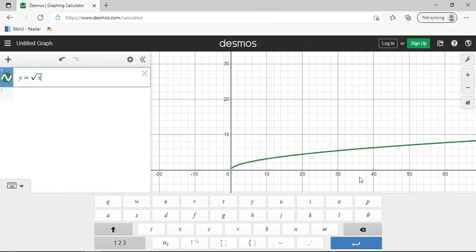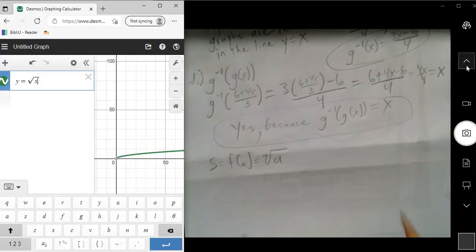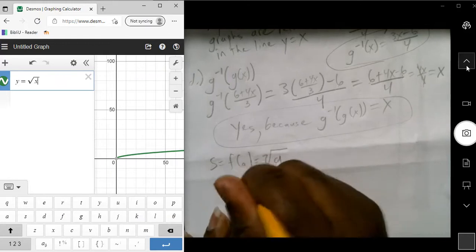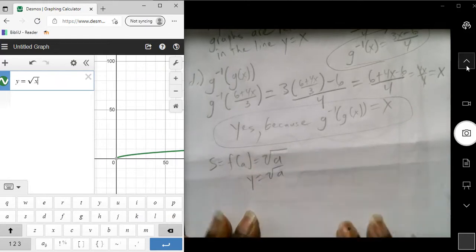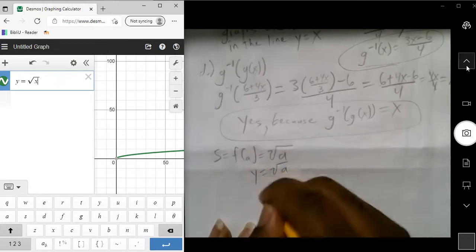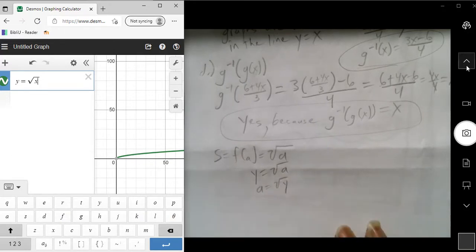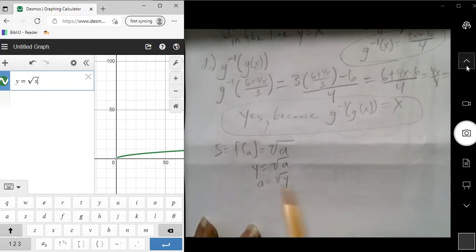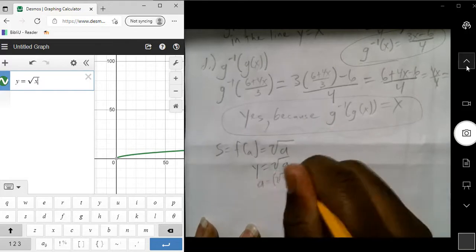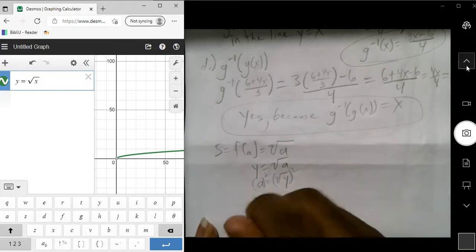So we have some options here. We could either go through and do the inverse function. Well, let me do that since we just did it, and then I will show you all how to do it in Desmos. So basically, we'll make this y equals the square root of a. We'll switch positions of both. a is equal to the square root of y. And then what we would do, we would square both sides because we want to get y by itself.